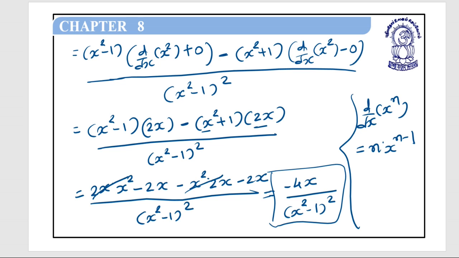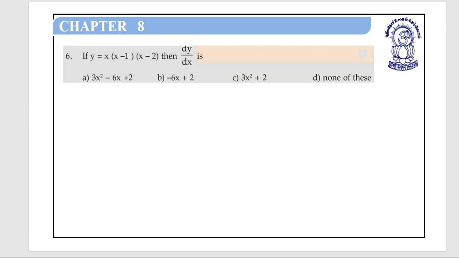Now next question. If y is equal to x into x minus 1 into x minus 2, then dy by dx is. First solve the equation y is equal to x into x minus 1 into x minus 2.